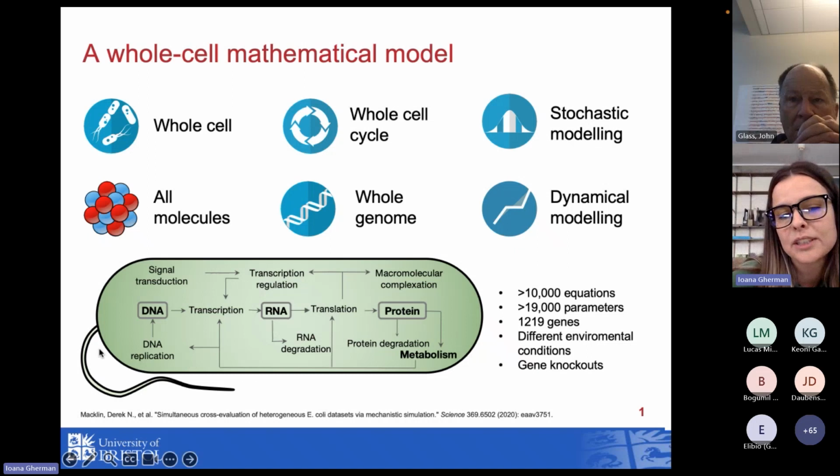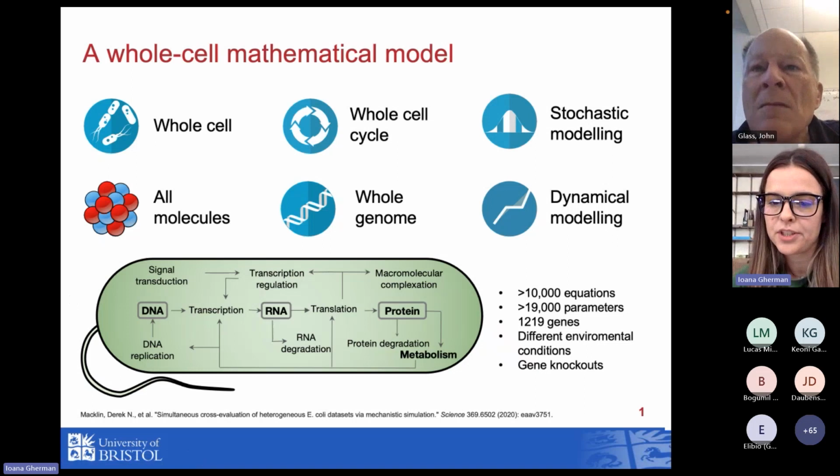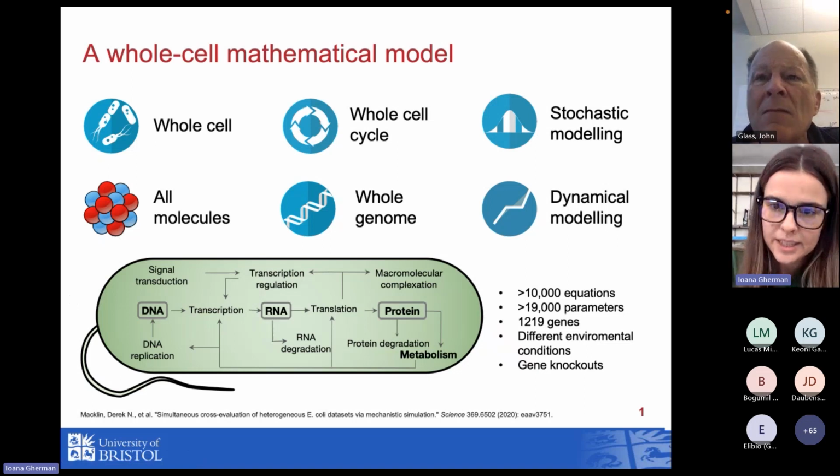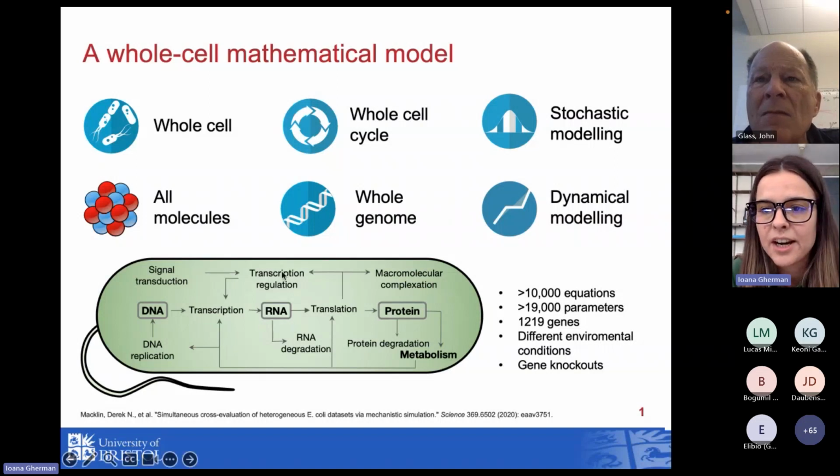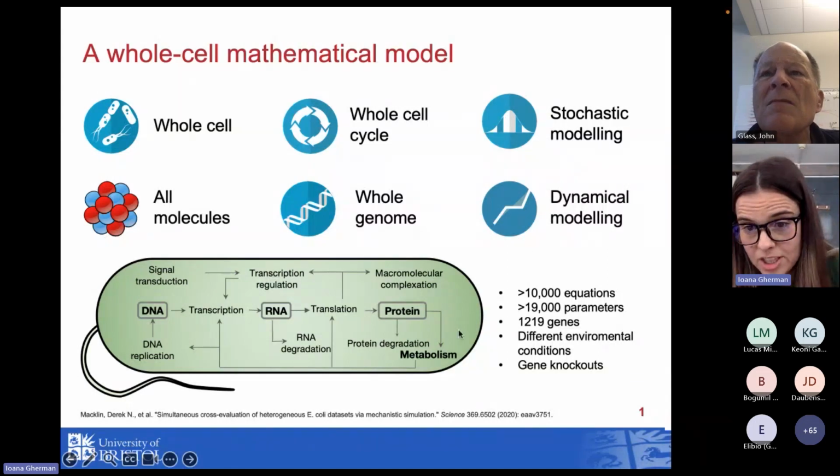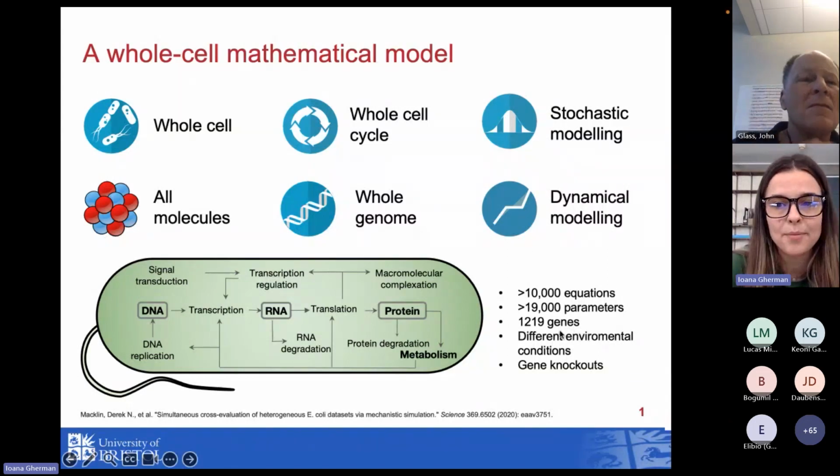So the whole-cell model that I'm using is the E. coli whole-cell model published by the Covert group at Stanford University in 2020. It's a model that includes all these processes here and their interactions. It has over 10,000 equations and over 19,000 parameters.